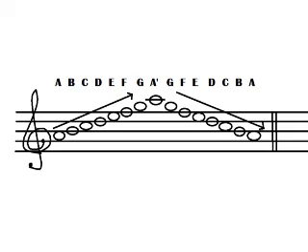Remember, all you need to do is get your staff ready, apply your clef sign, apply key signature if applicable. Then, if you're done with your key signature, the next thing is to start constructing your notes. Remember, to get the first note, you need to get the sixth note of the major key that you are getting your scale from.